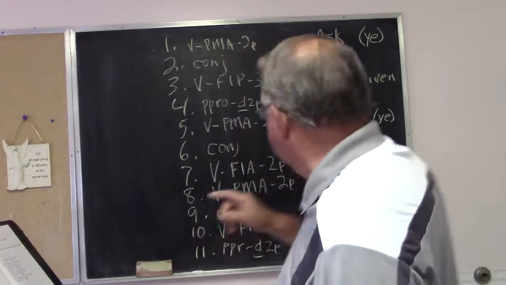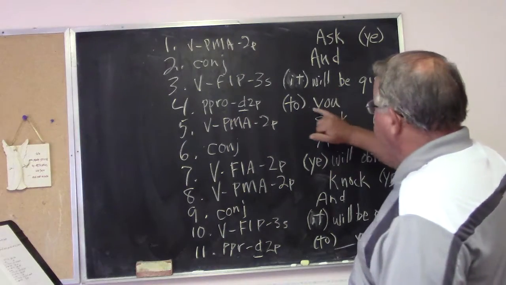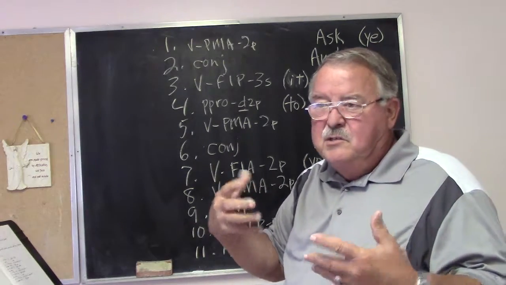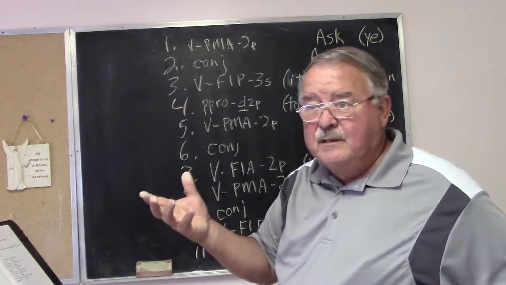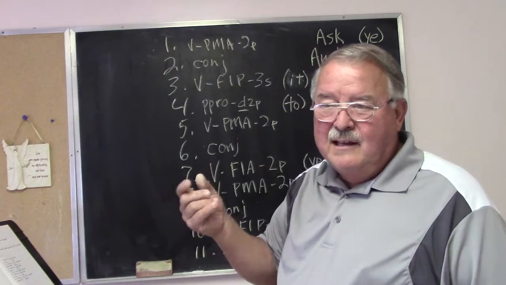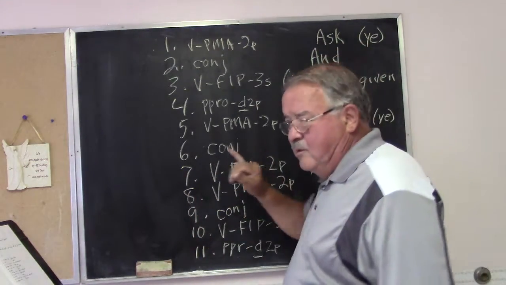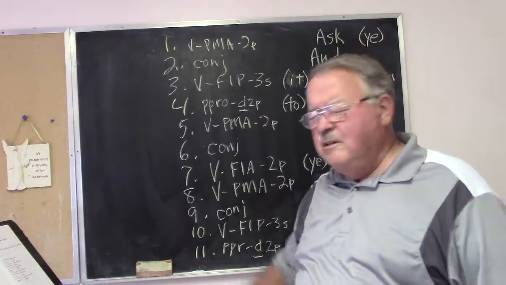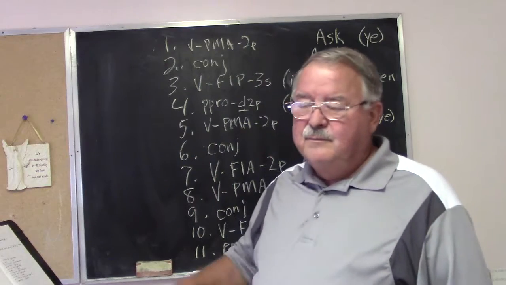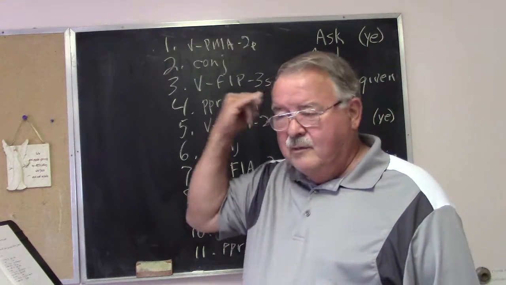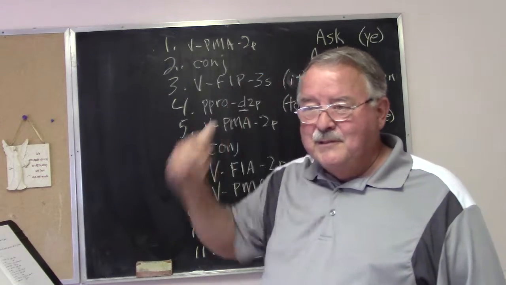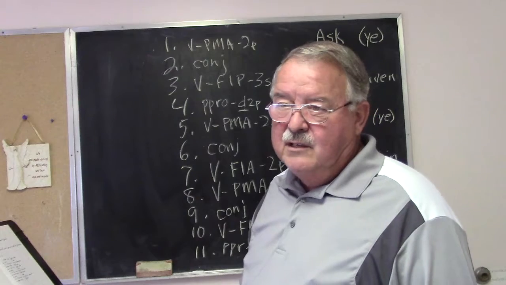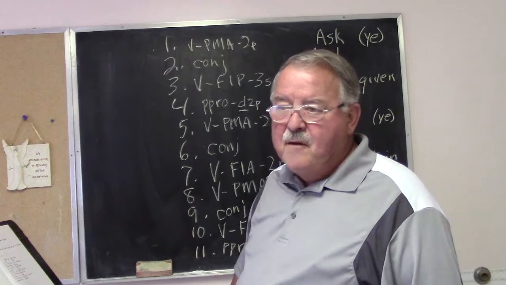When it's a possessive pronoun, it's ownership. Will be given to you. So the idea here is you own what has been given. You get that little gist? A lot of times a possessive pronoun is given in the genitive. Genitive is of you.